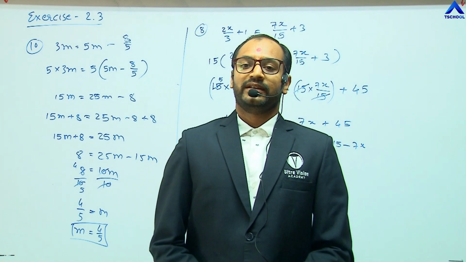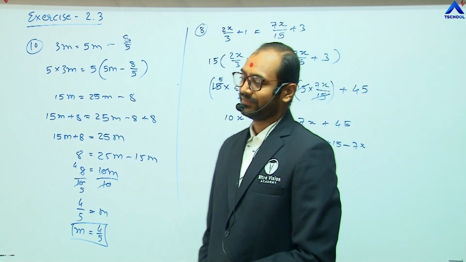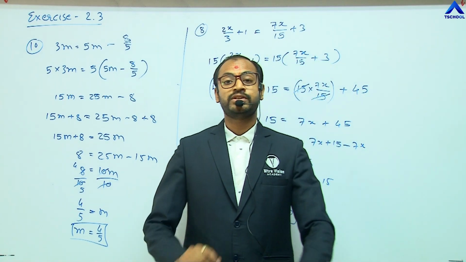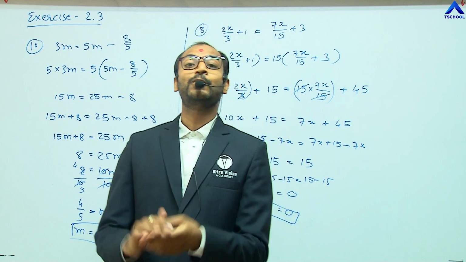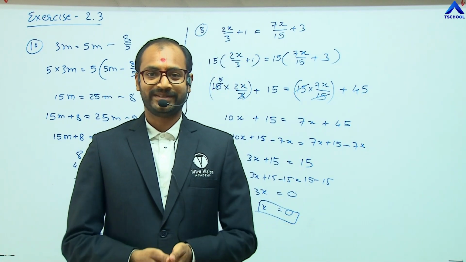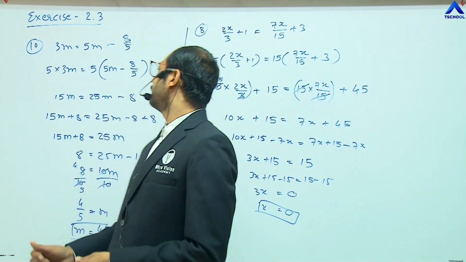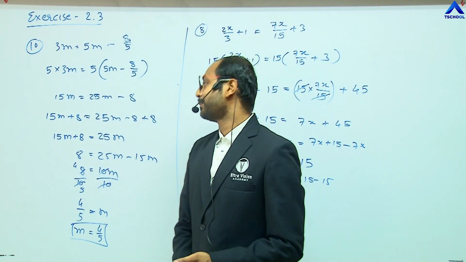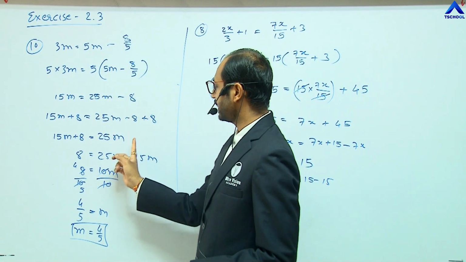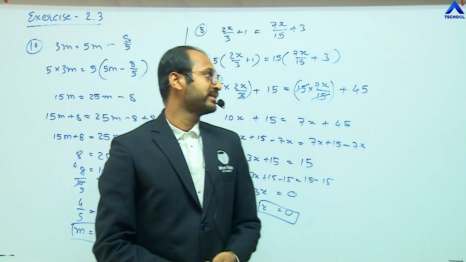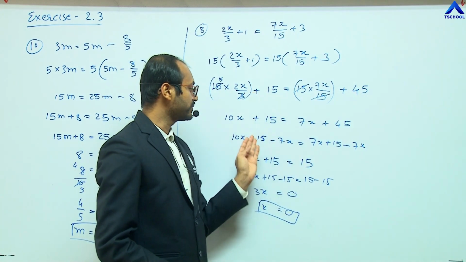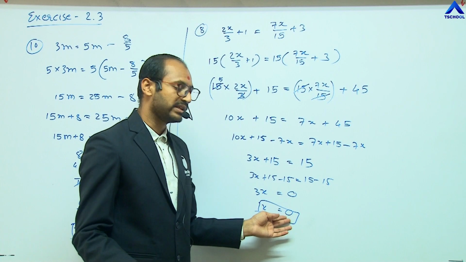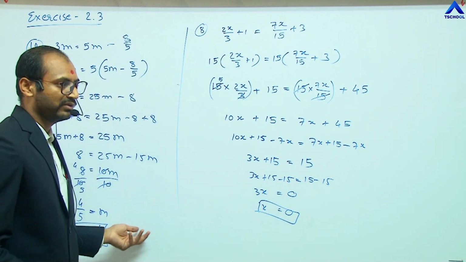So in exercise number 2.3 we discussed the solution of a variable on both sides of the equals to sign. When the variable is available on both sides, then we can subtract this variable on both sides, because the variable is also a number. So x is a number, 0 or 4 by 5 or anything.